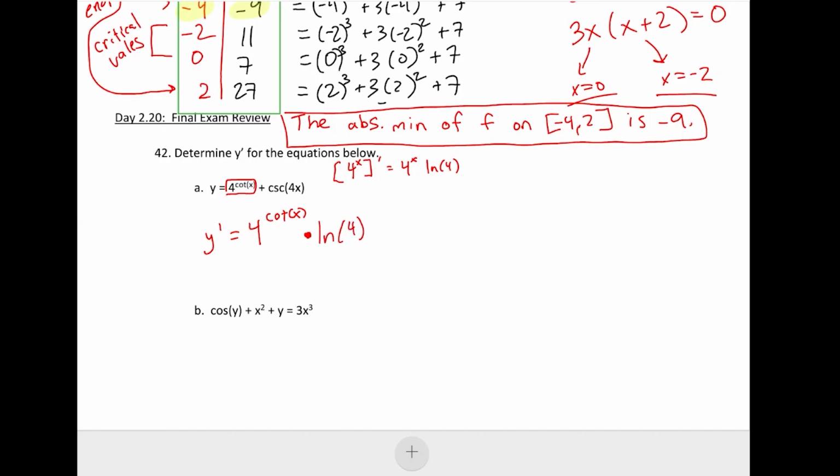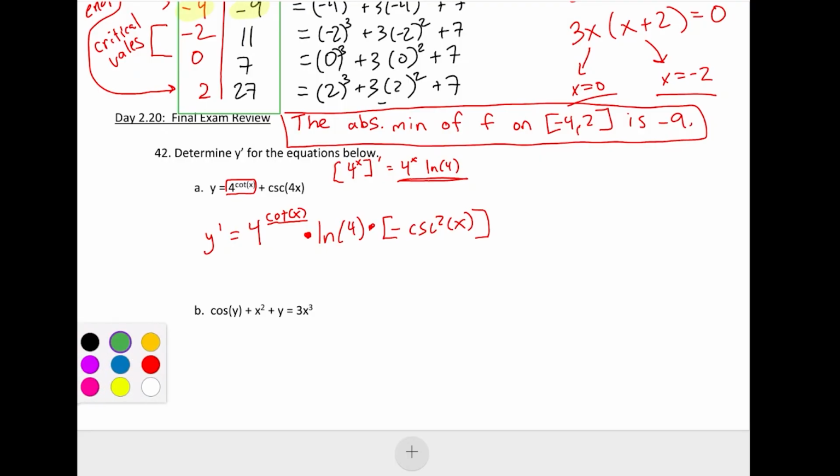Just from doing the regular old exponential derivative. But I do need to multiply that by the derivative of that exponent, the cotangent x. And the derivative of cotangent is going to be negative cosecant squared x. So that is all from the first piece.